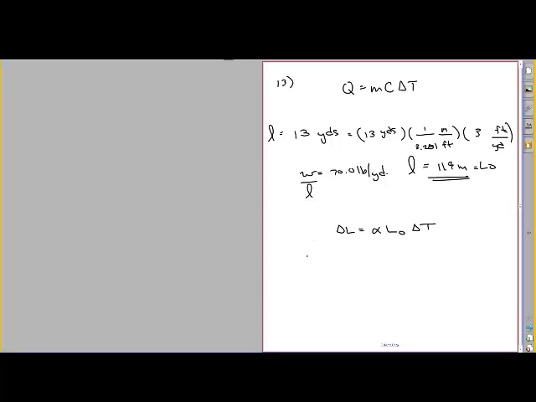And now we have to go back to chapter 10, find the thermal expansion coefficient for steel. Chapter 10, not chapter 11. So be looking through there so you can find it. Average coefficient of expansion for some materials near room temperature.